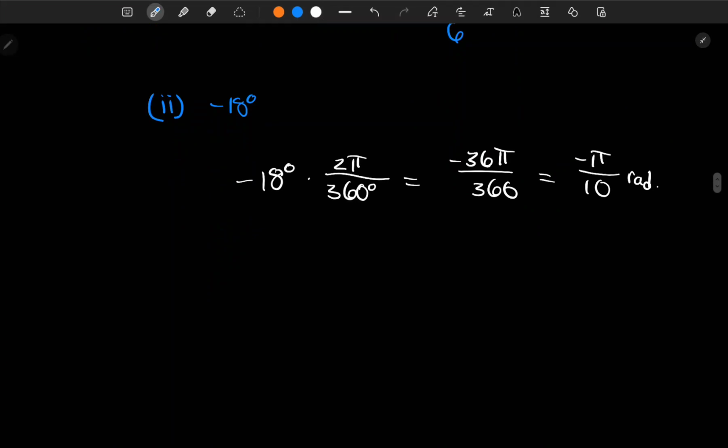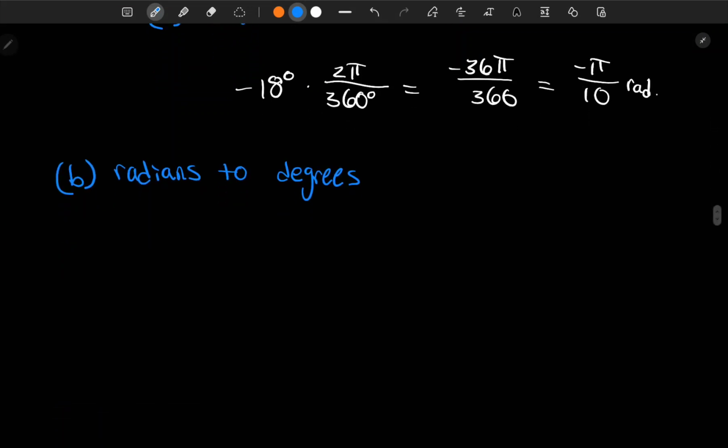Now, we can also convert from radians to degrees. And we'll look at two examples again.